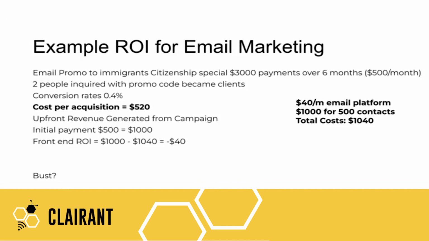So that means that they're spending $500 a month for the next 6 months. From this email marketing promo, you spent $1,000 for 500 contacts, and you spend $40 a month for your email platform. Let's just say Constant Contact or MailChimp or whichever platform you're using.